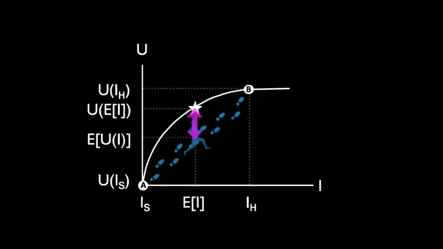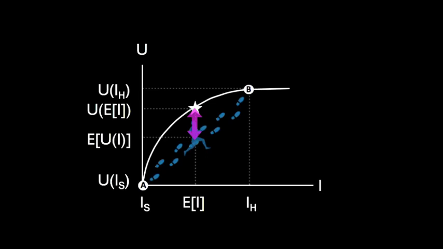That distance is like the utility deficit that emerges due to the existence of uncertainty. In other words, it's equal to how much utility the individual is forfeiting by bouncing between two income levels instead of just sticking to the same income level every period.